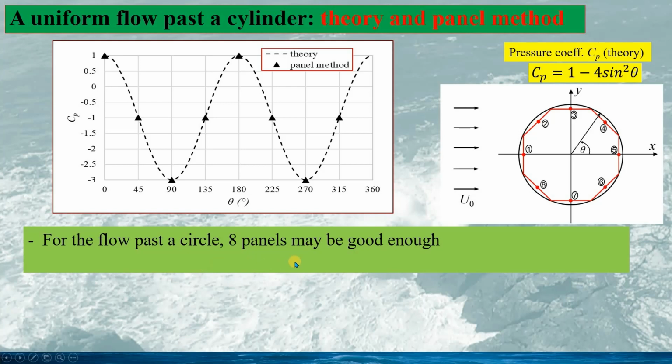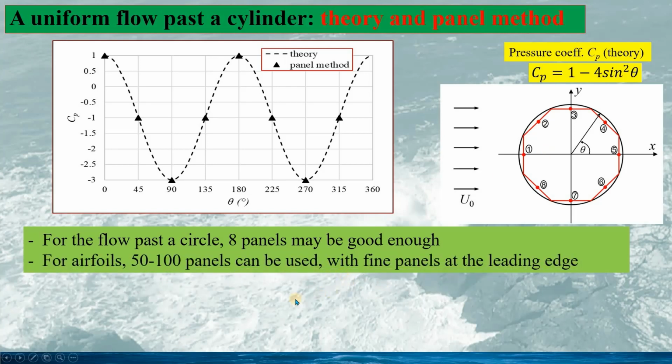Thus, for the flow past the circle, 8 panels may be good enough for the panel method. And for airfoils, 50 to 100 panels may be used. That's because we need to generate fine panels at the leading edge of the airfoil.